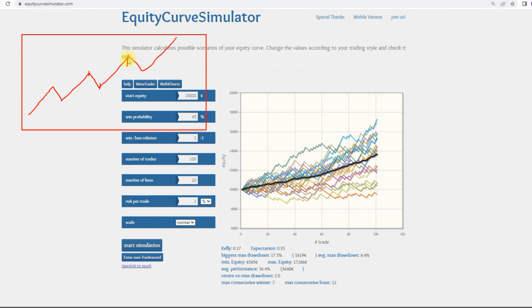So it could be that the period from here to there is 100 trades long. And if we look at this period, the strategy doesn't really look well. We think it doesn't work. But if we look at the whole picture, it works out pretty well.